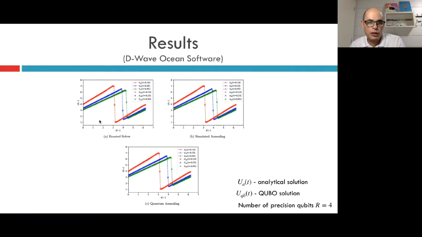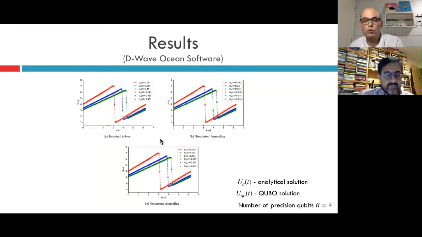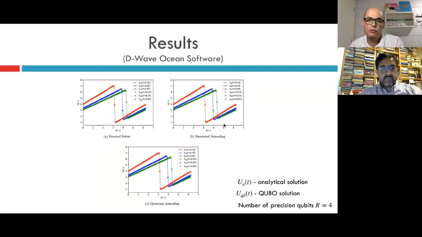This first picture shows the exact solver, the exact solution of the QUBO Hamiltonian. And this is the solution obtained through simulated annealing. That's the classical solution using the annealing. And the quantum solution is here.